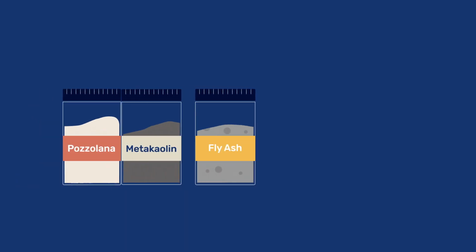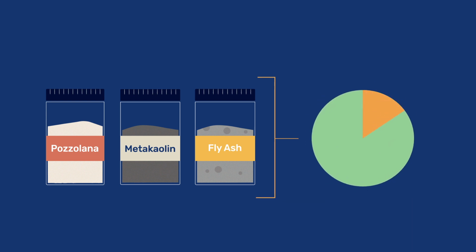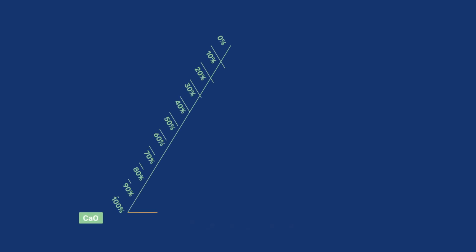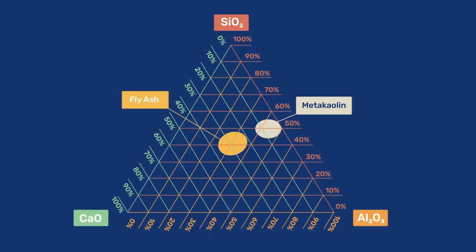Moreover, we note that many pozzolanic or partially pozzolanic SCMs can have a high content of alumina. This can be highlighted in the ternary diagram introduced in our previous video. It shows, for example, that typical alumina contents in metakaolin are about 45%, while in fly ash they can vary from about 25 to 40%.